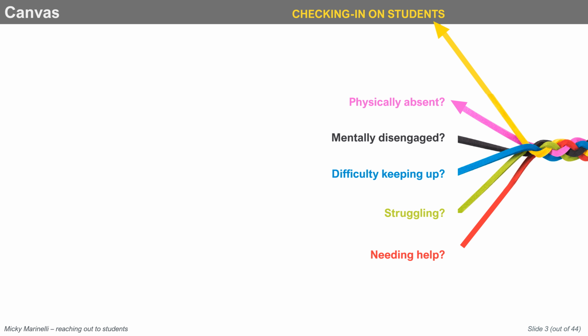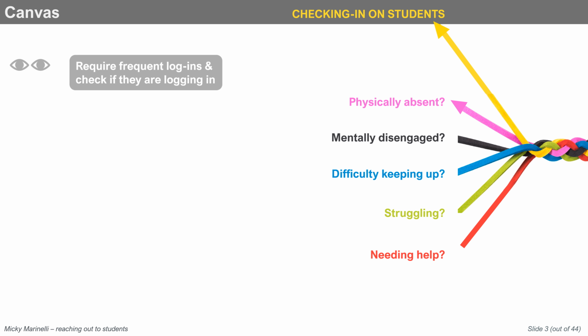So what you can do is create a course that requires frequent logins into the learning management system, in this case Canvas. And then all you do is check if the students are logging in. This is very simple. It just gives you a glimpse on whether or not students are there.